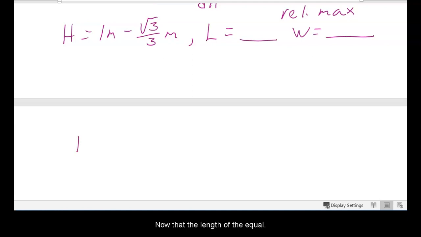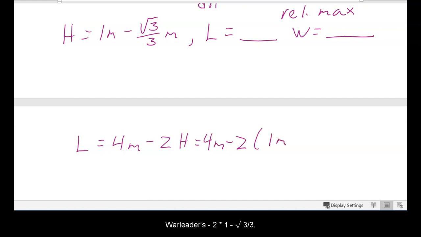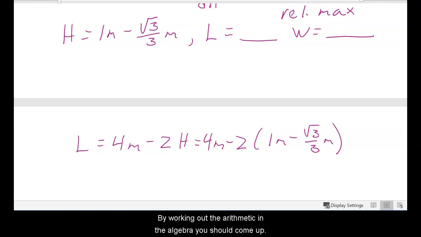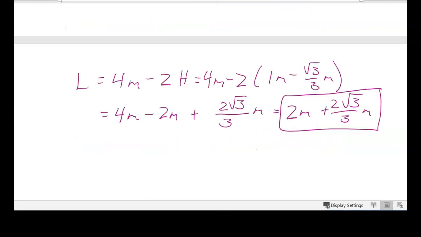I have now that the length is equal to 4 meters minus 2 times the height, which is 4 meters minus 2 times 1 meter minus the square root of 3 over 3 meters. By working out the arithmetic and the algebra, you should come up with the following answer. The length is given by 2 meters plus 2 square root of 3 over 3 meters.